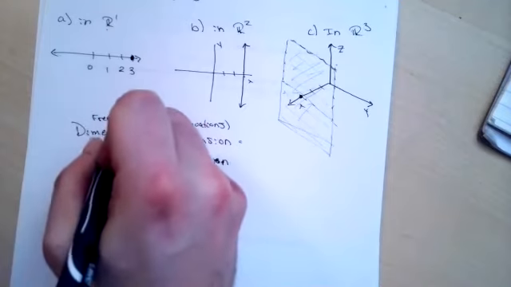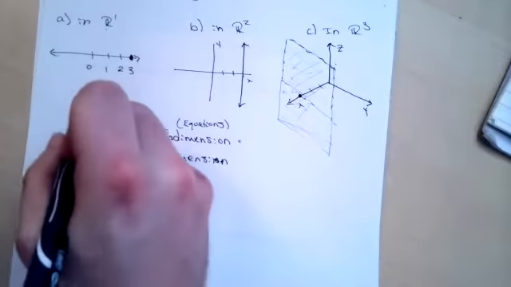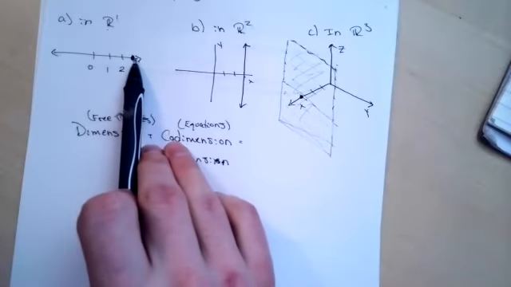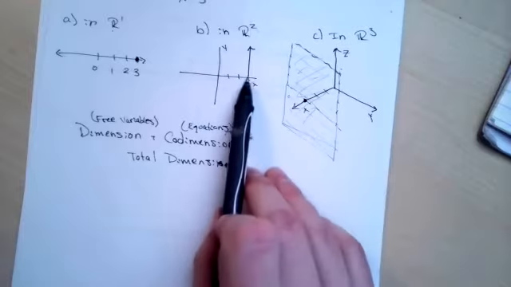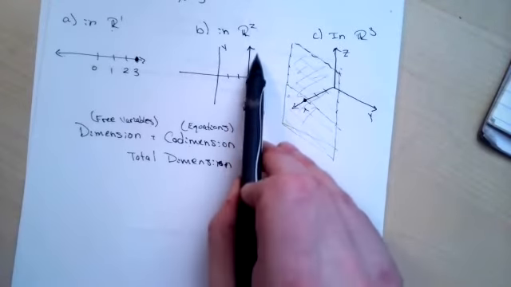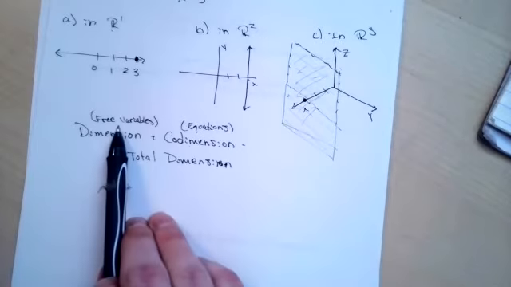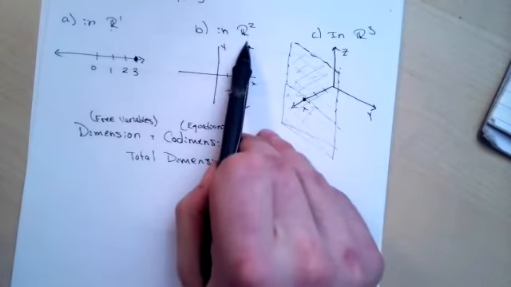We can think of the free variables involved. So here we have no free variables. We just have that one point. Over here, we've got one free variable, namely our x is constrained, but y can be anything. We can choose y whatever we want. So we have one free variable, one equation, and that gives us our total dimension in R2.